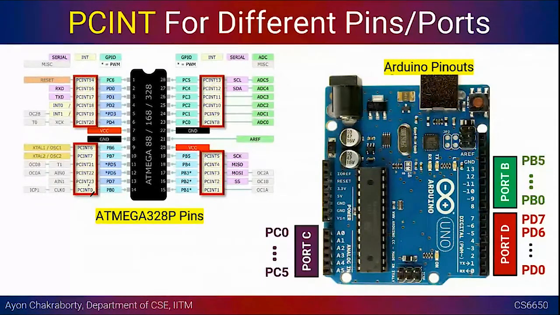But of course, you cannot take all of them simultaneously, because there are other functionalities of the other pins also. If you are using an ADC, some of those pins will be blocked, or if you are using UART, like you are trying to receive or transmit serial data. So there are other functionalities of other pins, but many of the pins in this Atmega 328 do give you this facility for PCINT.